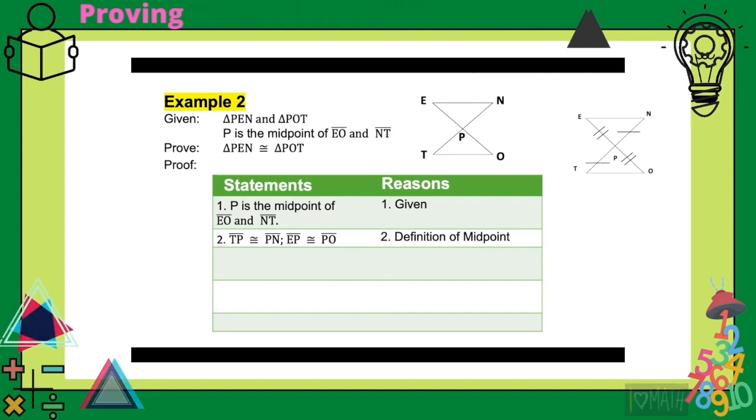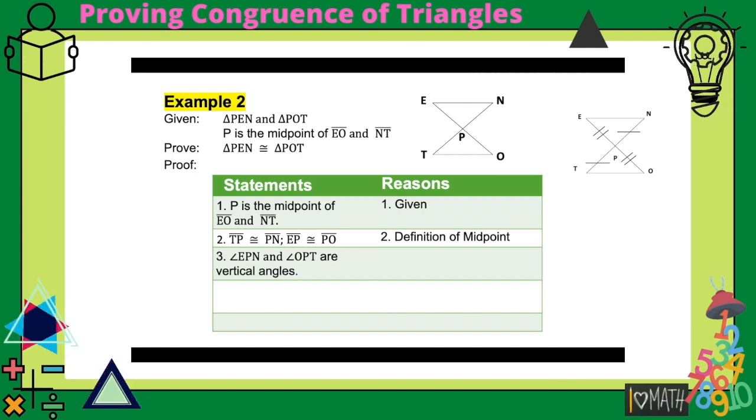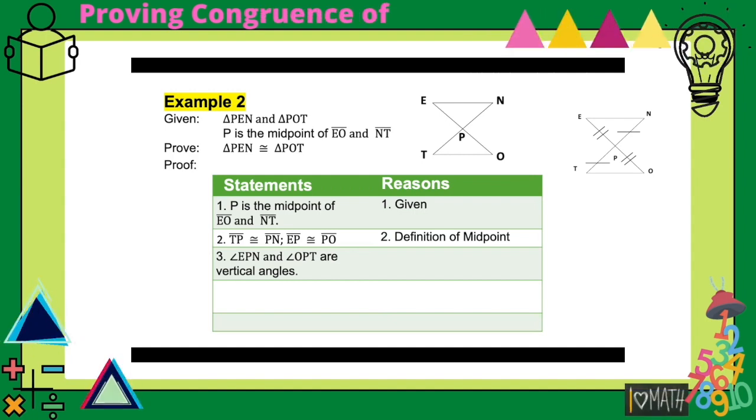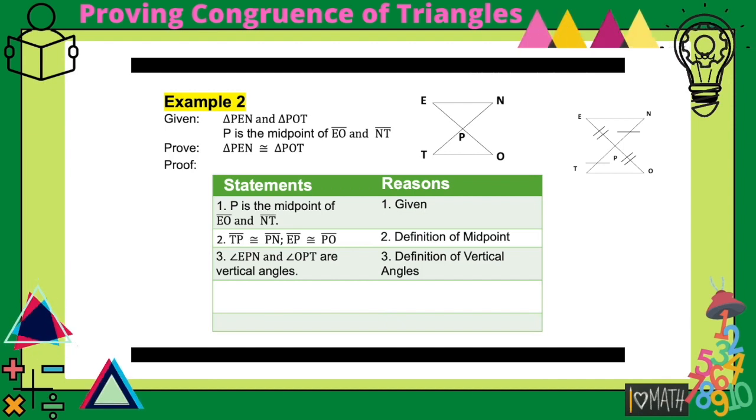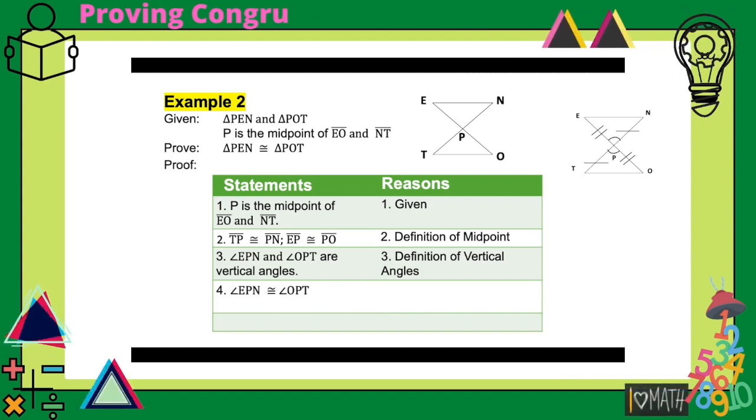Statement 3, we have angle EPN and angle OPT are vertical angles. And the reason is definition of vertical angles. So, statement 4 will be angle EPN is congruent to angle OPT.